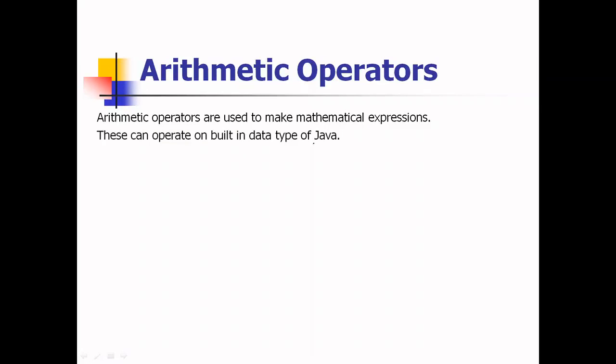Java uses the same set of arithmetic operators like in other programming languages, and all of those arithmetic operators work the same way as they do in other languages.